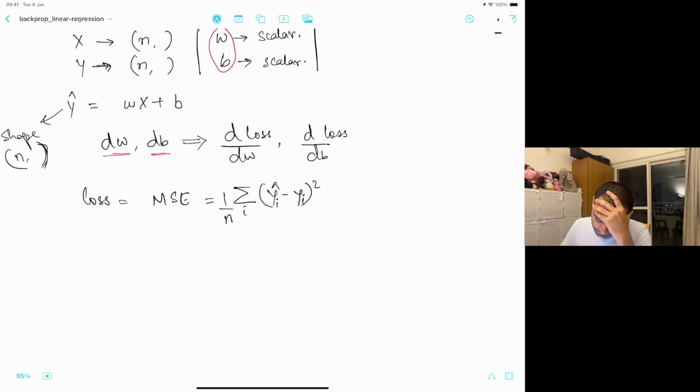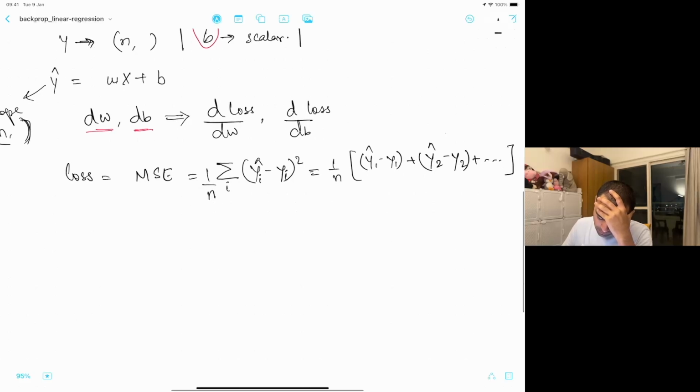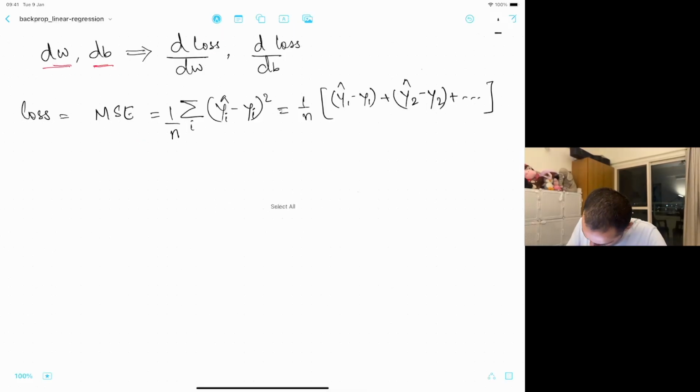Okay, so let's break it into individual elements. This would be 1 by n, y1 hat minus y1 squared plus y2 hat minus y2 squared plus so on. This is what the summation will open up to. So the loss equation is the square of these, all the sums of squared errors, and then taking the mean of it.